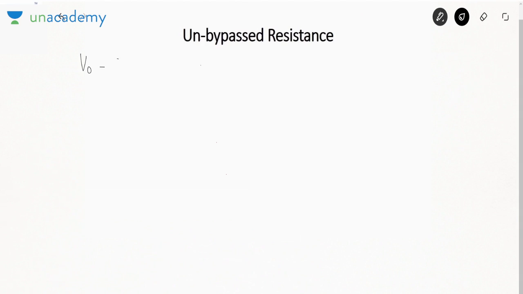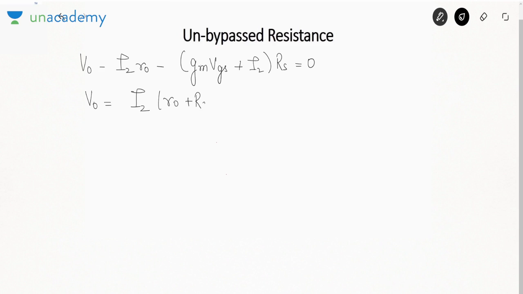So V0 minus I2 R0 minus (gm VGS plus I2) RS is equal to 0. So now here what we can say is V0 equal to I2 (R0 plus RS) plus gm VGS RS.